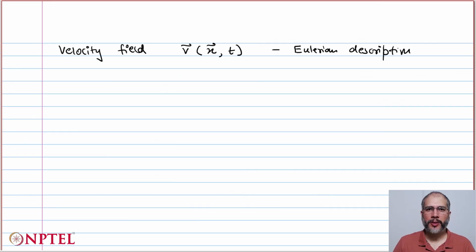And the Eulerian description is important in this case because we're talking about a continuous deformation. So the material configuration does not matter. What matters is what is happening at the current state at a given spatial location. So analogous to displacements, here we have velocities. So just as we define the displacement gradient tensor in solids, we define the velocity gradient tensor.